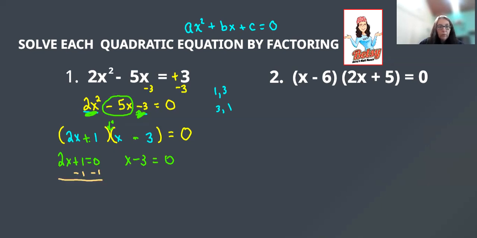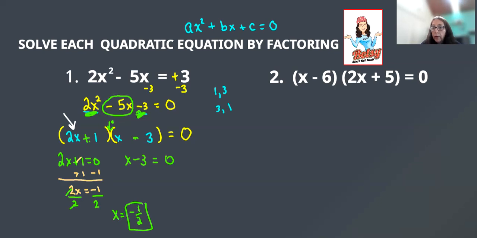These cancel, right? Now, I don't want 2x, I want x. They're timesing, so we're going to divide. Whatever we do to one side, we have to do to the other. So x equals -1/2.